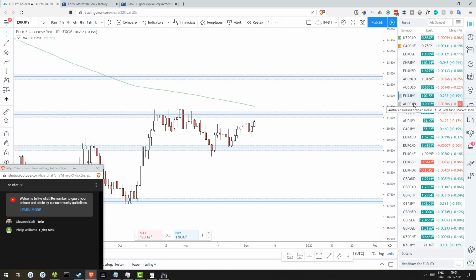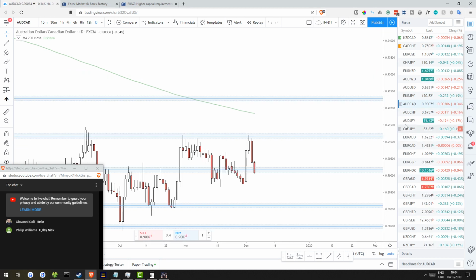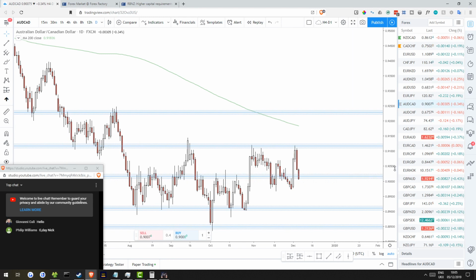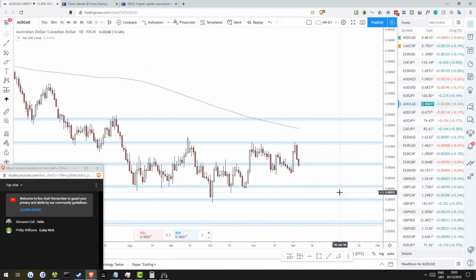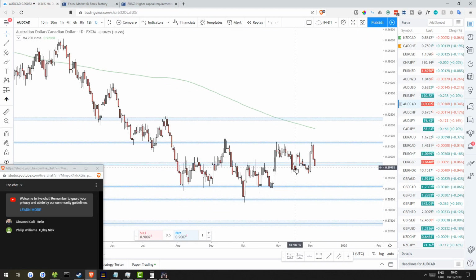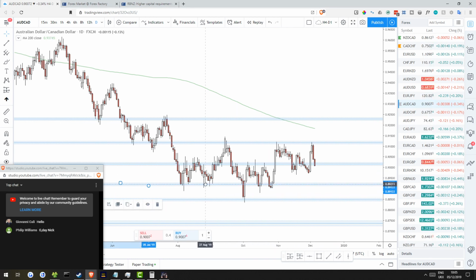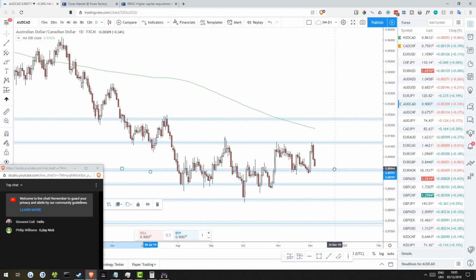Excuse me. Euro JPY. NZDCAD has dropped straight into support. It's a bit of a weird support area though. Yeah, I don't really like this support area.